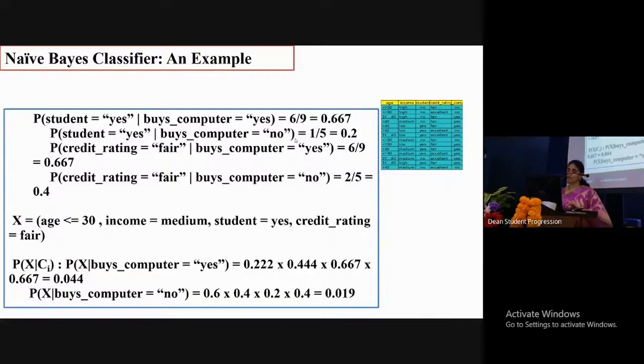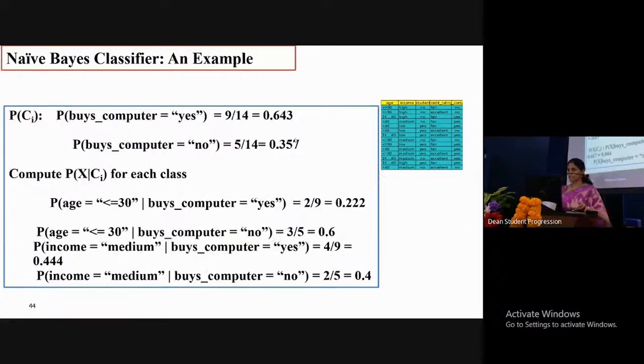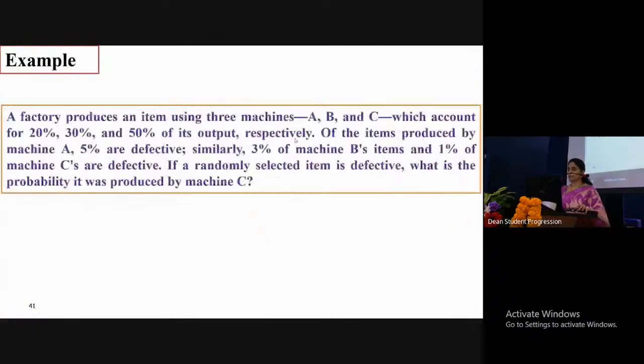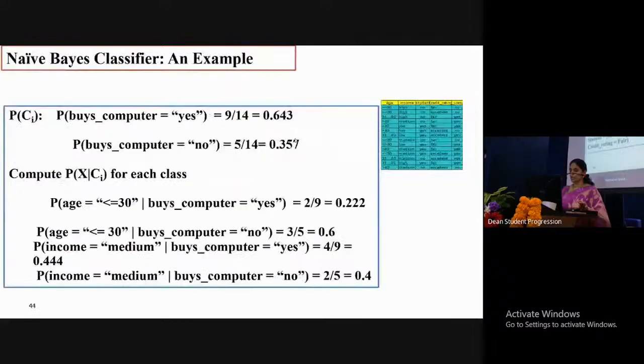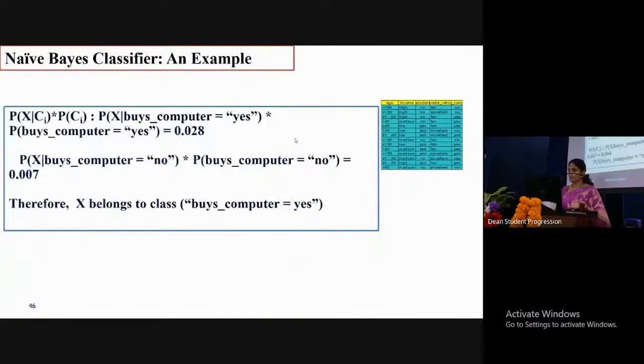Once I do this, how am I going to do the final classification? The final classification is based on Bayes theorem, where you take the posterior probability, the prior probability, multiply with your hypothesis, divided by your evidence.